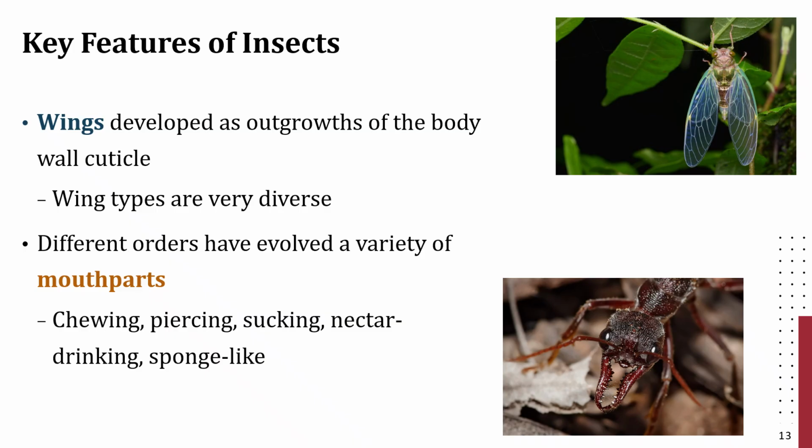The distinguishing characteristic between our insects is generally going to be the different types of mouth parts that they have. Their mouth parts are a little bit different depending on how they are adapted to their environment. So if you look at the table in your textbook for all the different types of insects, you're going to see some of the different mouth parts and their different jobs in the ecosystem.